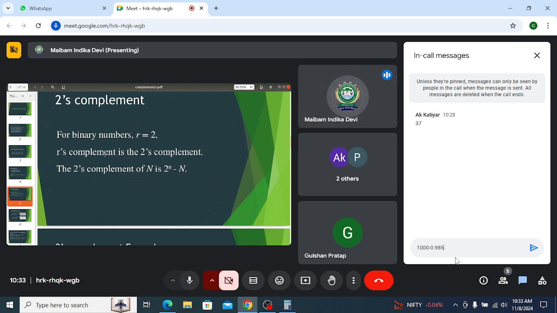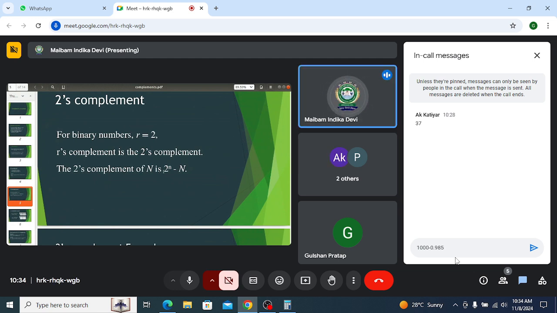So r's complement is a 2's complement, and the 2's complement of that n will be given by the same formula, except since the value of r out here is 2, it will be 2 to the power n minus n. Clear? In the case of decimal, it is 10 to the power n. So the generalized formula is r to the power small n minus n. Here r will be the base. Clear?